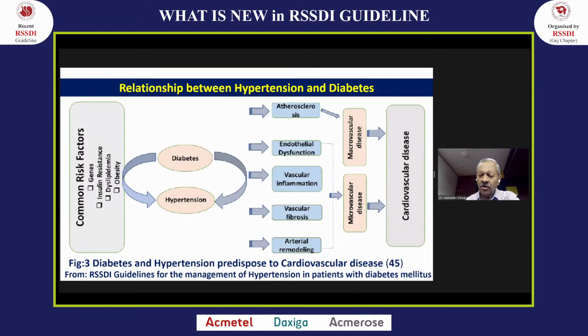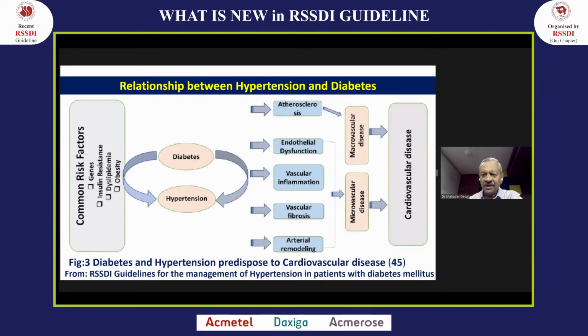All these factors also produce endothelial dysfunction and vascular inflammation, which we can judge by the elevated CRP levels studied in many studies, then vascular fibrosis and arterial remodeling. These all lead to microvascular disease. So macrovascular disease will lead to an increased risk of coronary artery disease or cardiovascular diseases.